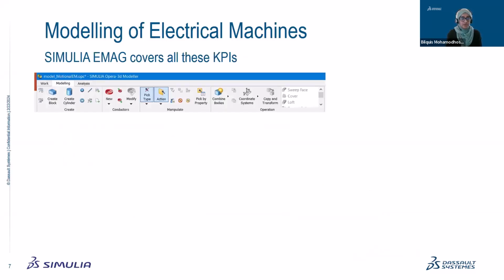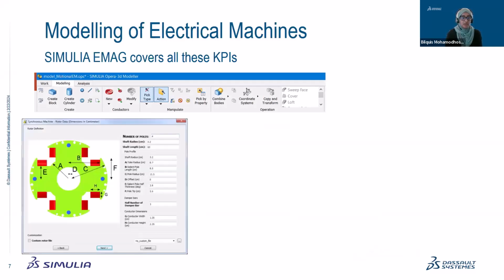To do that in our EMAG solutions, we have everything from very simple modeling to very intricate modeling of the design. We also have templated designs for electrical machines, whether it's with Opera or with CST, where you can just input the dimensions of your electrical machine, and then the whole model is built automatically by the software. And then the analysis will also be done.